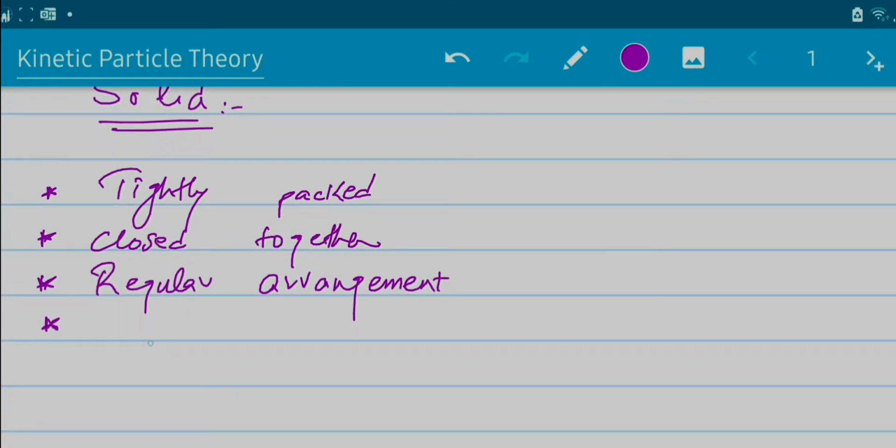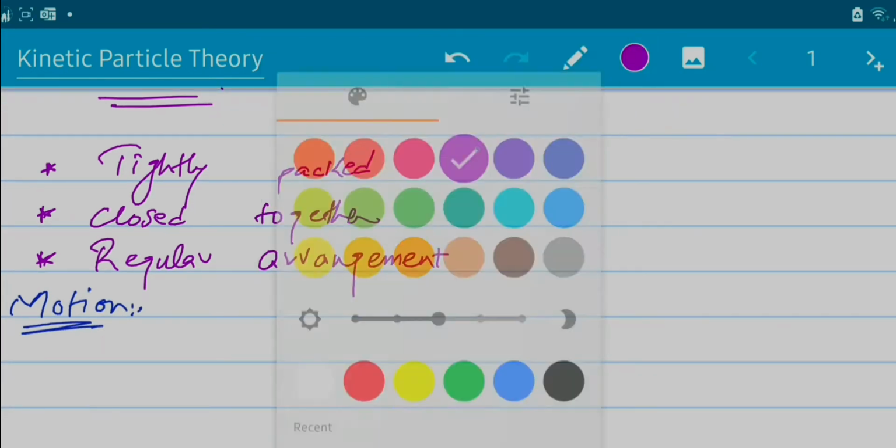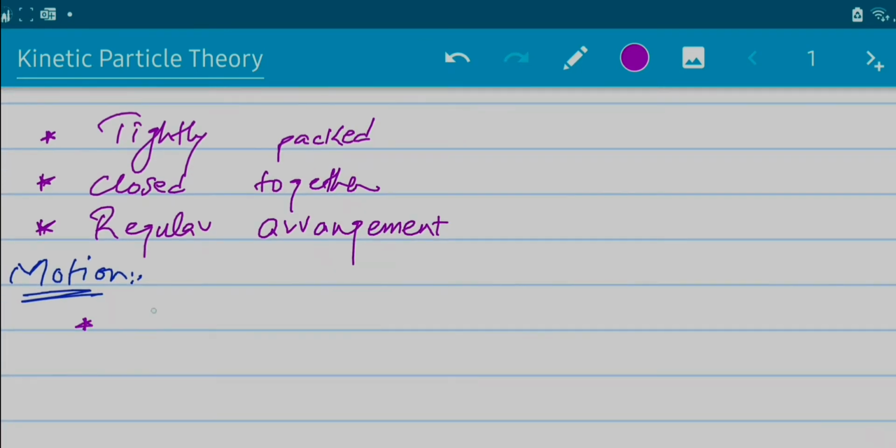Moving on, regarding motion, the question usually asks to describe the motion of the solid particles. So I would like to give a heading of motion. The motion of the solids: they have only vibrations. So we can write they vibrate about their fixed position.